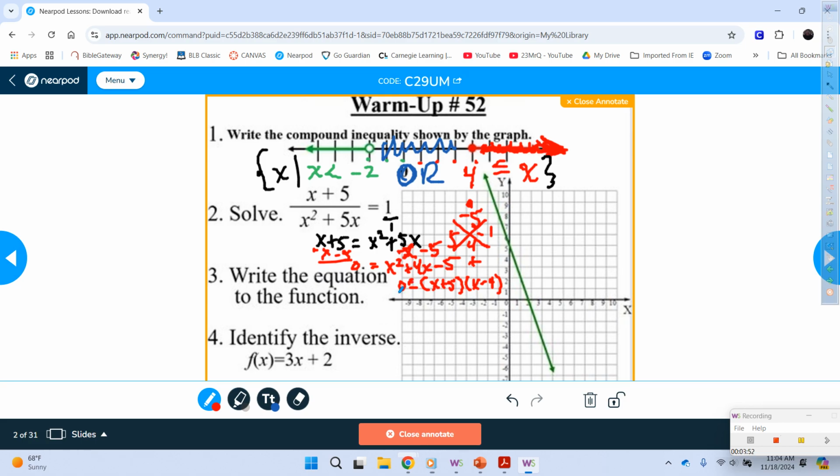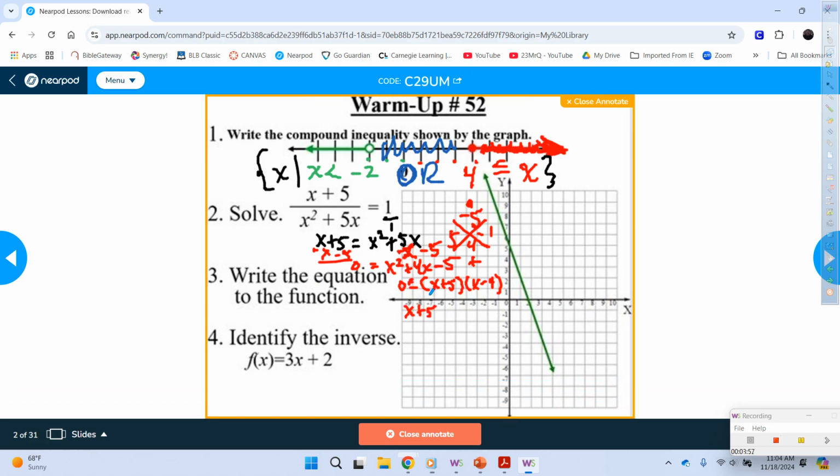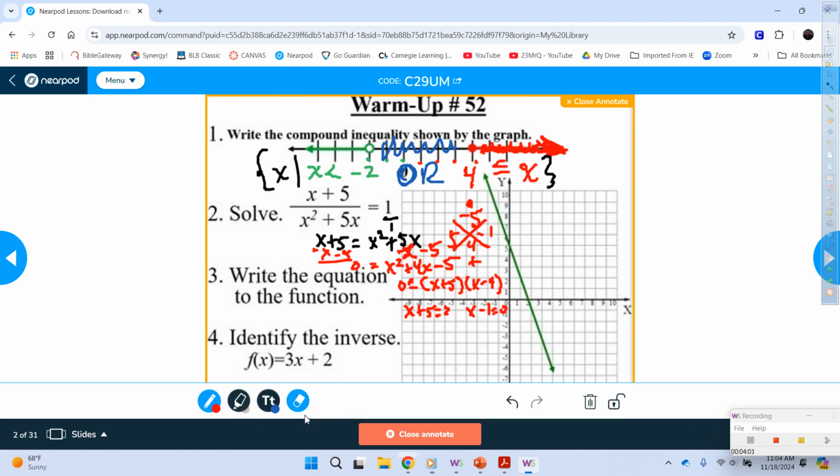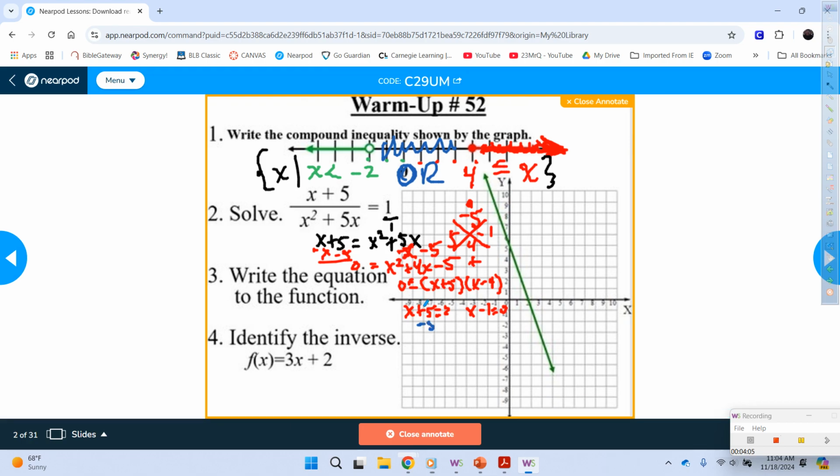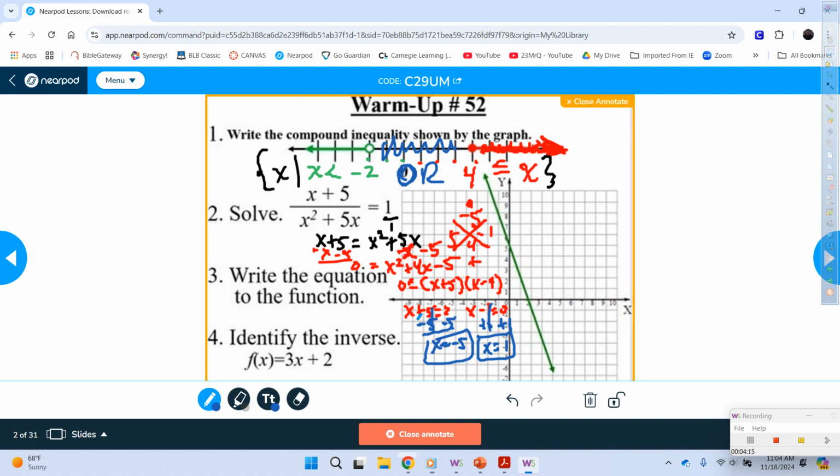And we solve by setting them equal to 0, x plus 5 equal to 0, x minus 1 equal to 0. So we end up with minus 5 minus 5, x equals negative 5, plus 1, x equals 1. Hands if you got that by yourself.